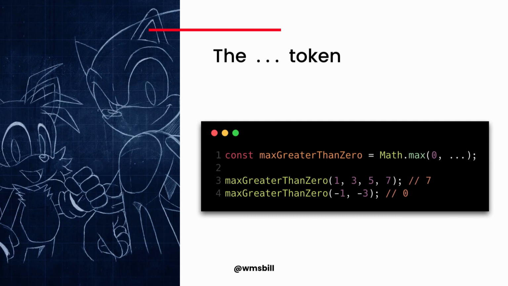With this, we can bind just the 0 as the first parameter, and then not care about the rest. This will return a function with 0 being bound. And this is nice because it doesn't matter how I call it. If I call it in the first configuration, we return the same as before. And since 0 is already bound to Math.max, I will receive 0 whenever I send just negative numbers.